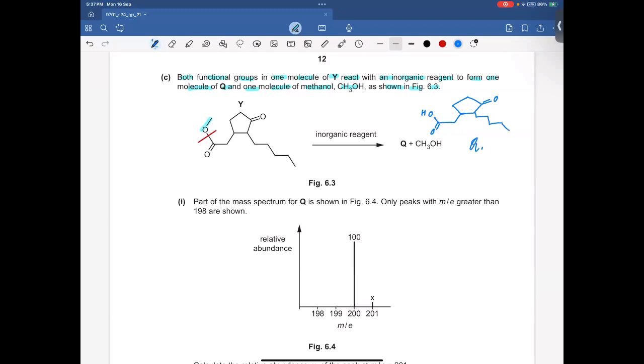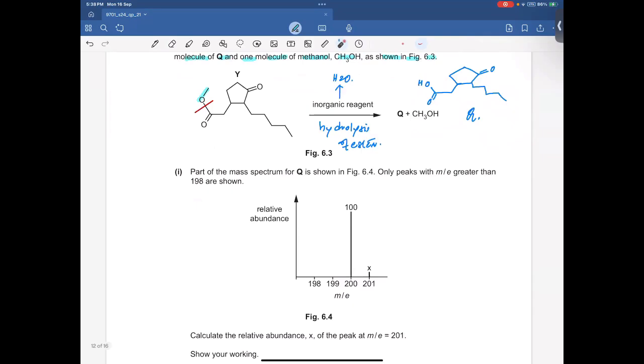And this is the structure of Q, guys. So that inorganic reagent is going to be the water molecule, because in the presence of water, the ester is going to be hydrolyzed. This is called hydrolysis of ester. Whenever hydrolysis of ester takes place, we'll get carboxylic acid and alcohol as the products.